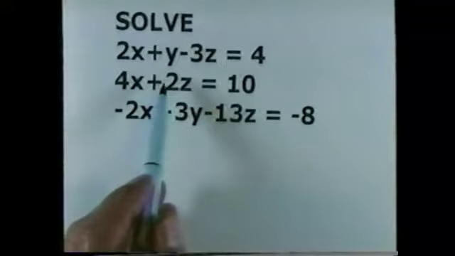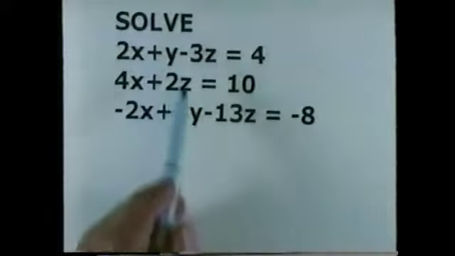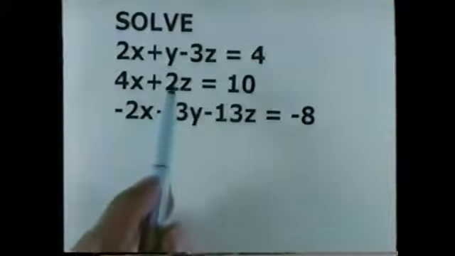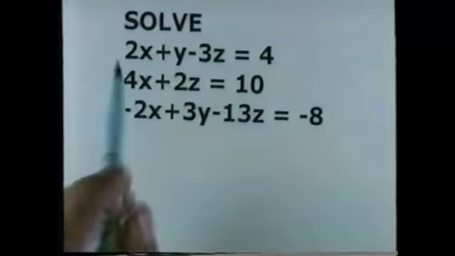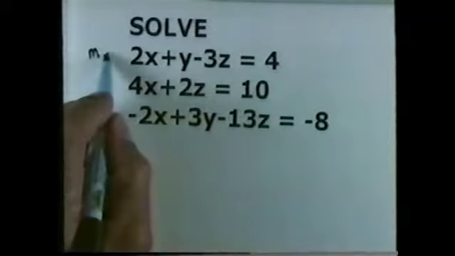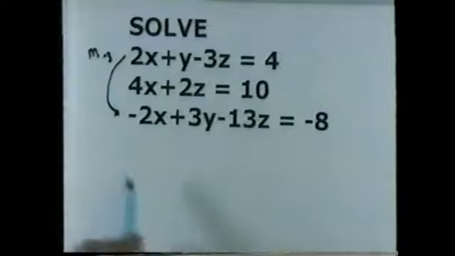Equation 2 does not have a y. So if I can eliminate y from 1 and 3, I could use that result to end up with a 2 by 2 system. What I can do is multiply row 1 by negative 3 and then add to equation 3.